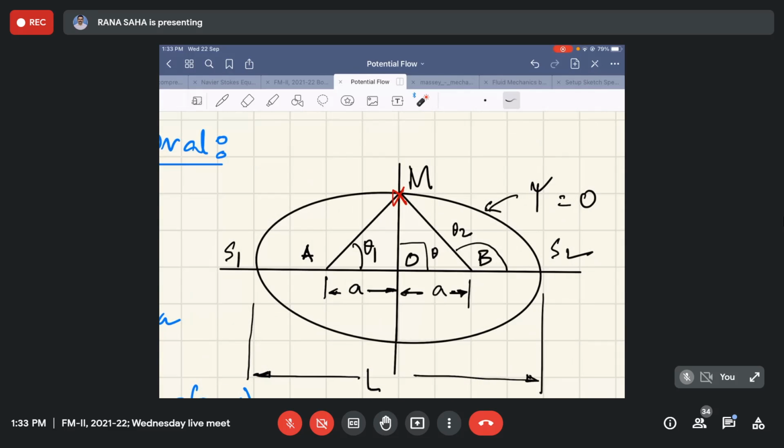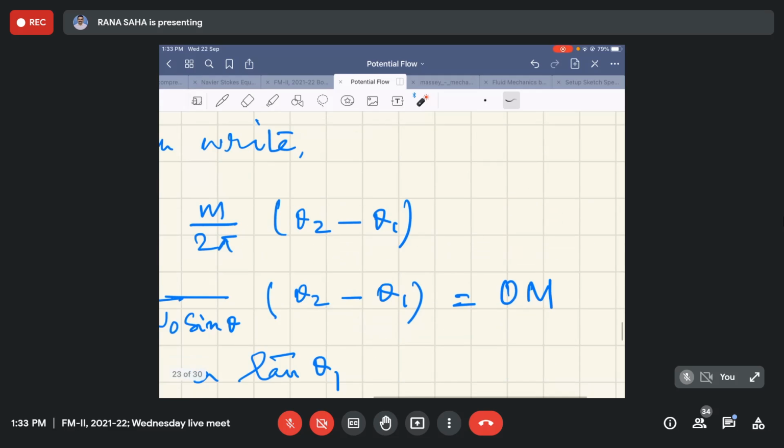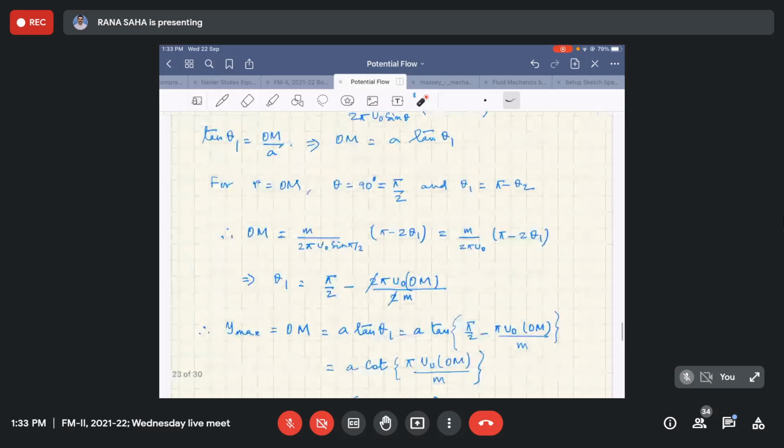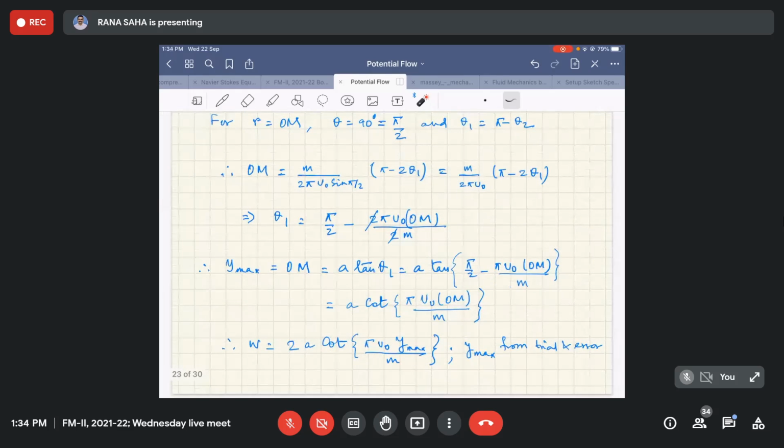So this is actually the Y max, this OM basically. This is your Y max, the expression of which you can see obtained here, and W is 2Y max, total width will be 2Y max.